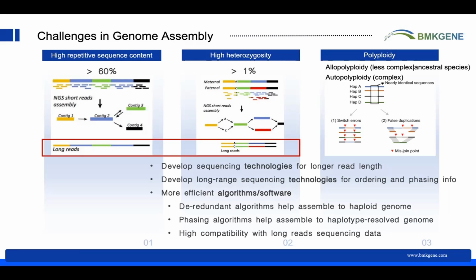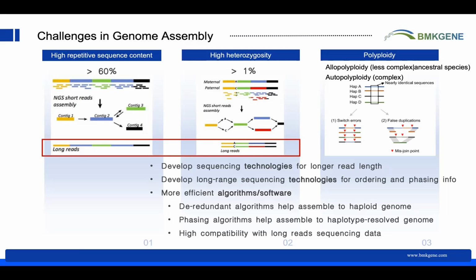With this technology, we can know which regions or contigs are within the same chromosomes and which are not, and we can determine the orientation and order of these contigs to assemble a chromosome-level genome.